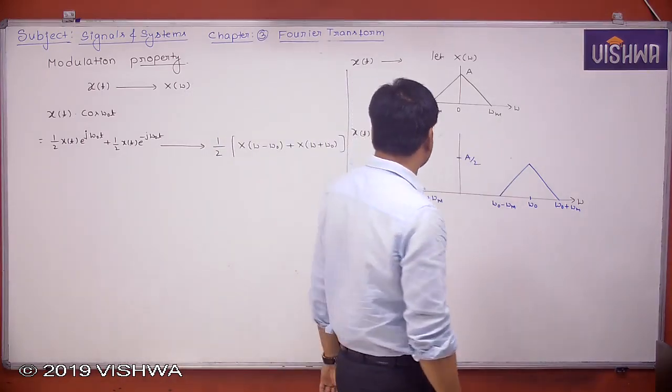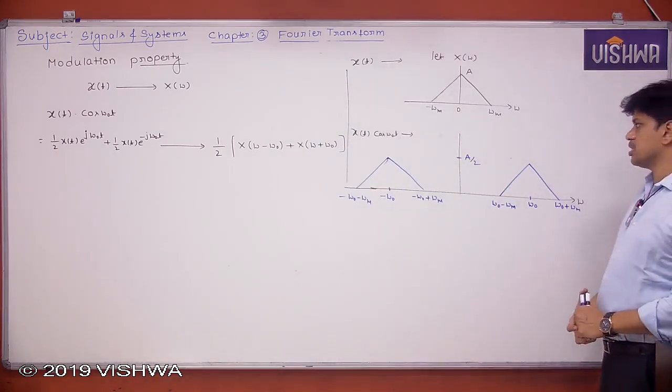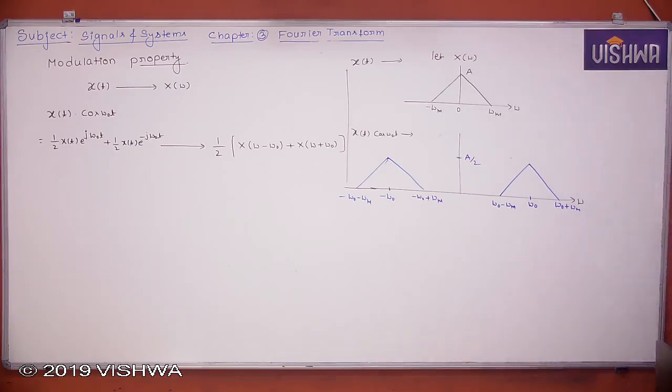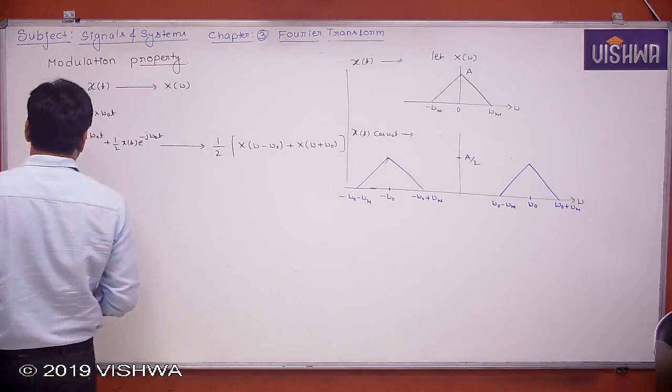This is actually a very important property in communication systems where modulation is applied. This is exactly what happens in modulation. This property can be seen for X of f the same way.